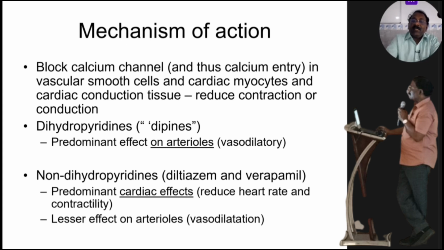Non-dihydropyridines, like diltiazem and verapamil, have predominantly cardiac effects. They reduce the heart rate and the contractility. That is the reason in Prinzmetal angina or unstable angina, we use diltiazem because they predominantly act on the cardiac tissue. Whereas for vasodilation, preferably nifedipine, amlodipine or cilnidipine.